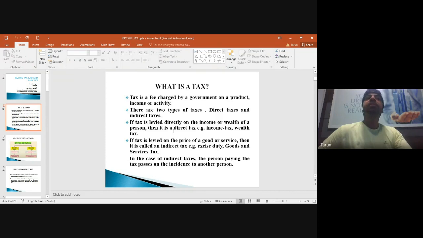If one person has paid the indirect tax, the other person also has to pay the tax in the form of the goods and services that he or she is willing to take up in the future or at the present time. So in this slide, tax is classified into two categories: direct tax and indirect tax.